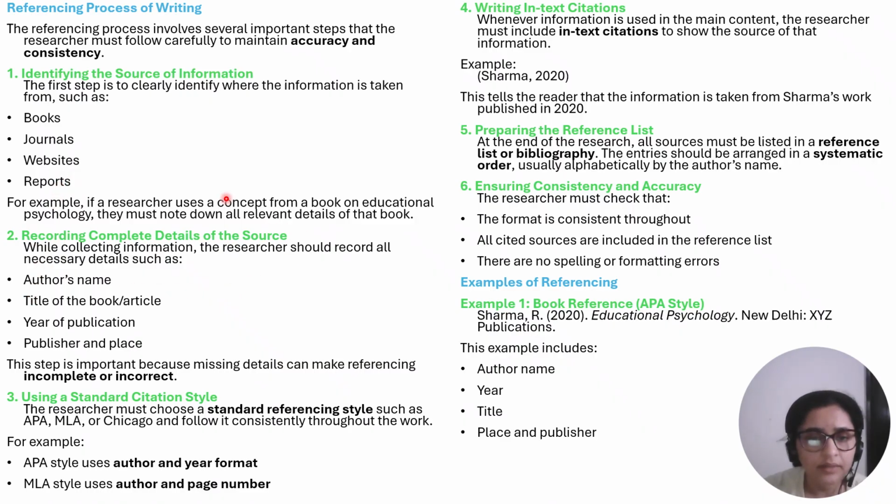Then recording the complete details of the source: author's name, title of the book, year of publication, and publisher and place. Then using a standard citation style like APA, MLA, writing in-text citations, that is within the content citations, and preparing the reference list and ensuring consistency and accuracy.